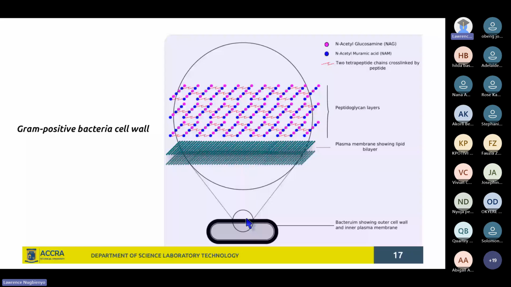Now that peptidoglycan is being shown here in much more detail. It is made up of N-acetylglucosamine, a derivative of a monosaccharide, which is represented with the violet spheres. And you have the blue spheres representing the N-acetylmuramic acid.